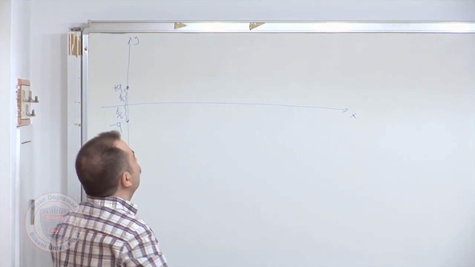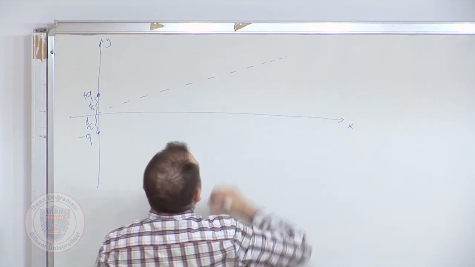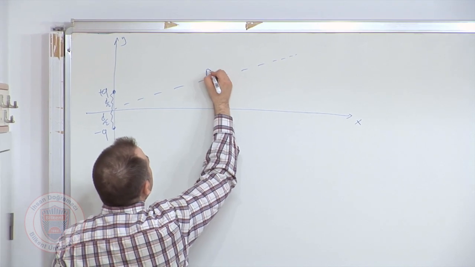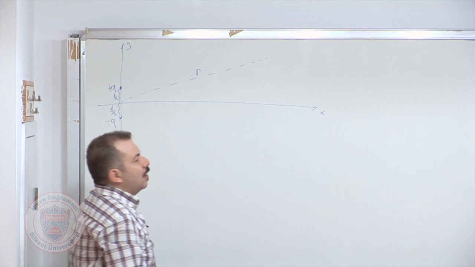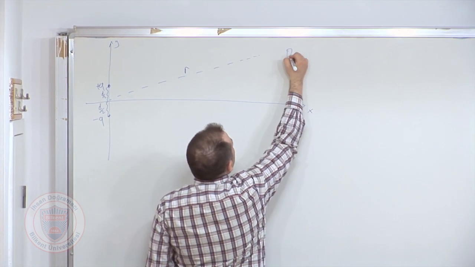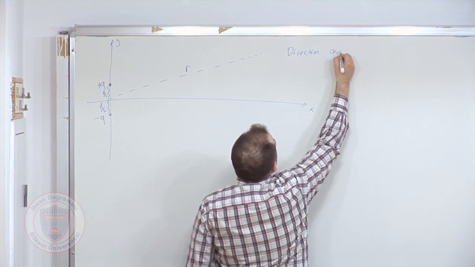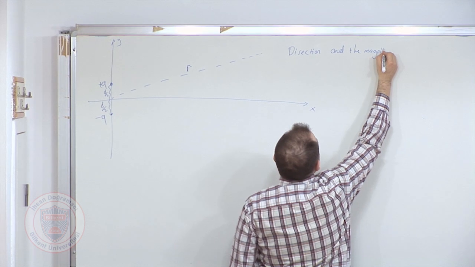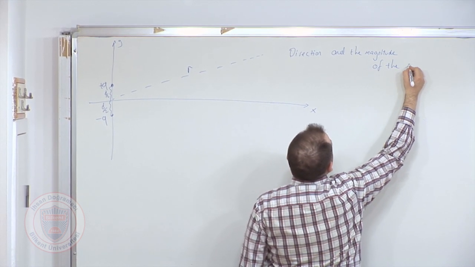I would like to find out, if I'm very far away, a distance r away from the center of this dipole, the direction and the magnitude of the electric field.